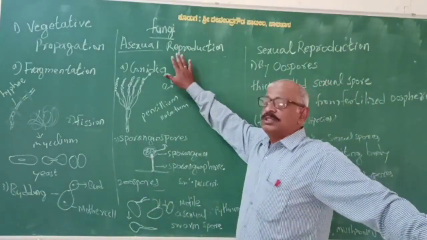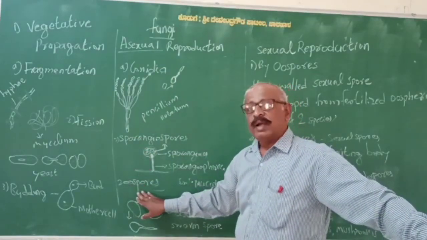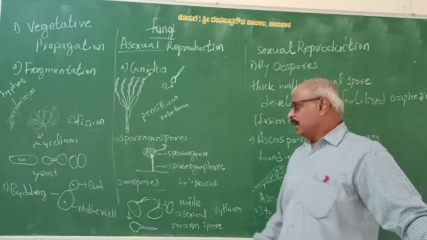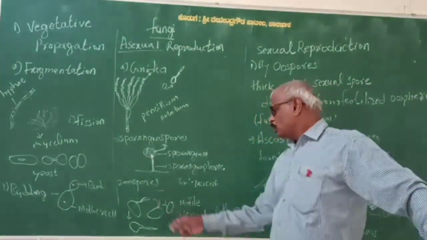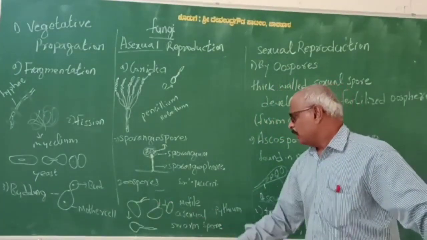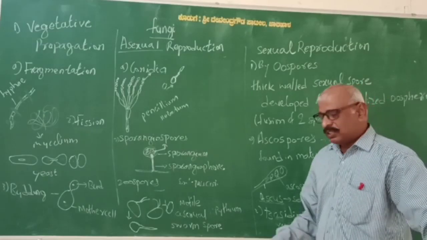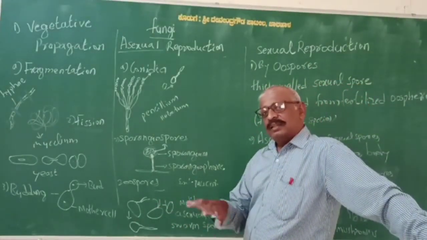So asexual reproduction is by conidia, by sporangiospores, and by zoospores. Usually in fungi and algae, this kind of zoospores are observed. These zoospores are motile asexual structures. Because they have flagella, with the help of the flagella they move.